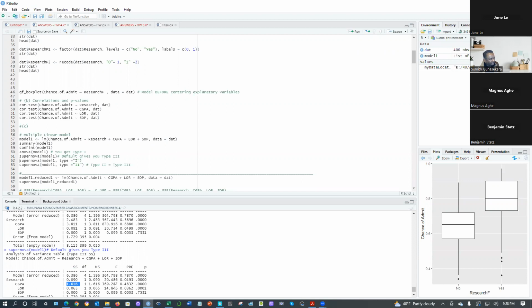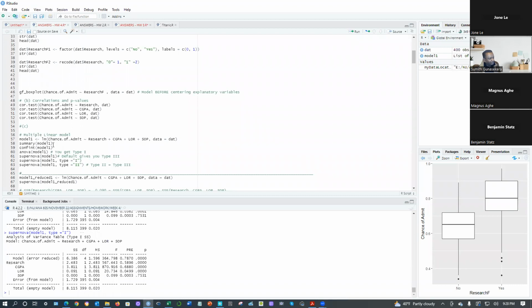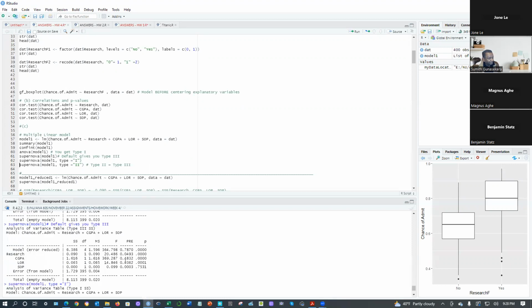But if you want type 1, you get type 1. In addition, there's another one called type 3. We have to look at what this means and why they differ from each other. This table should be analyzed to see what's going on here. Okay, let's see.